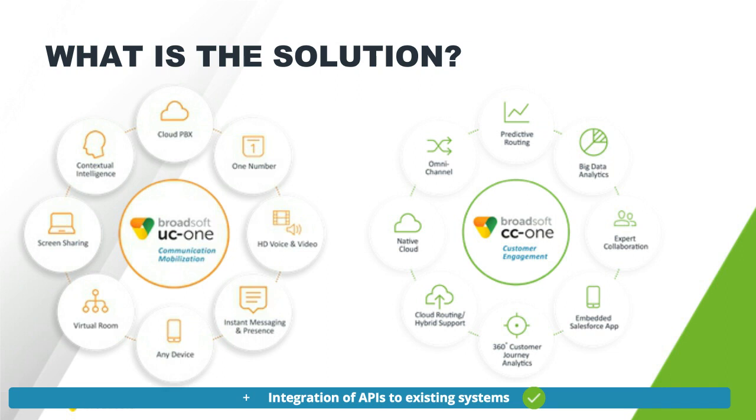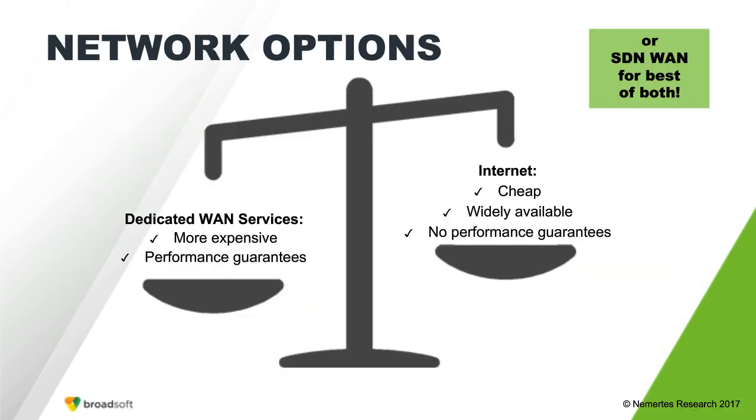Great. So that was a great description of the functionality of our integrated unified communications and contact center service. But as you well know, it doesn't matter how great the cloud service is, it has to get to you. So we're going to spend a couple minutes now talking about the network options.